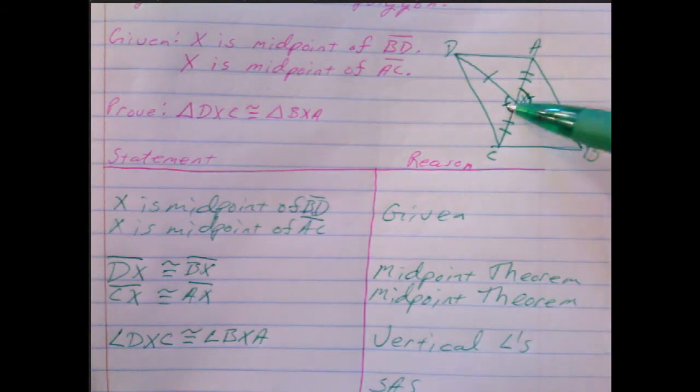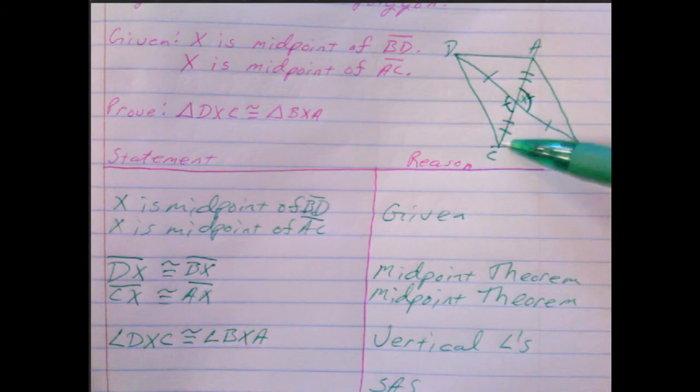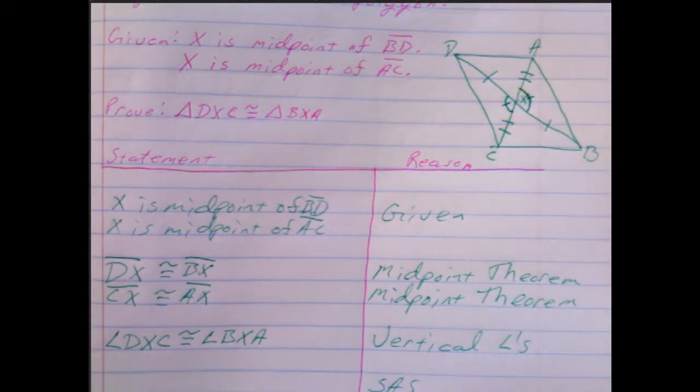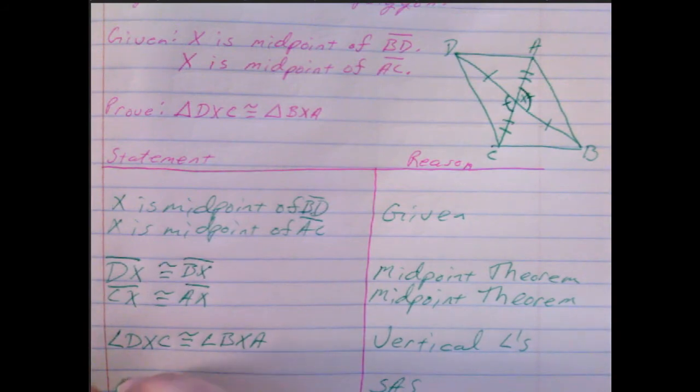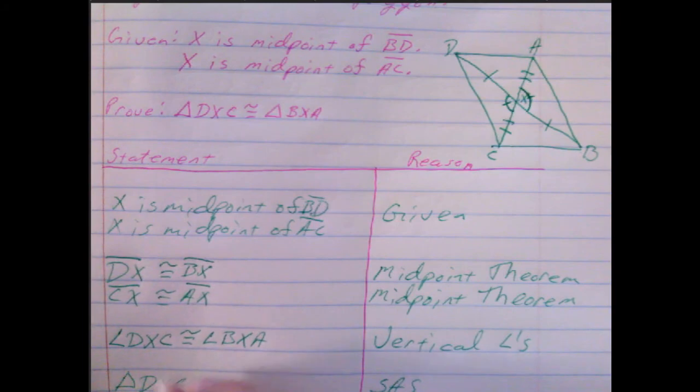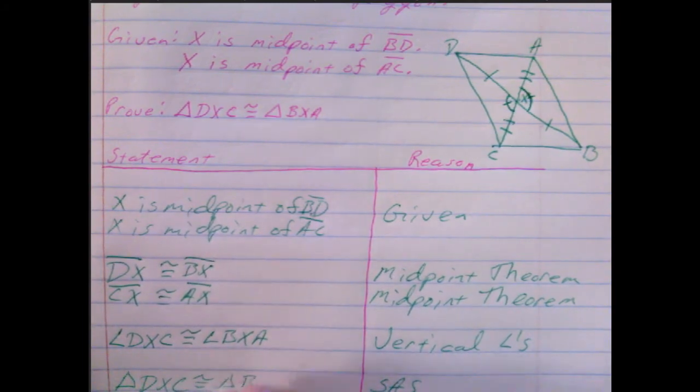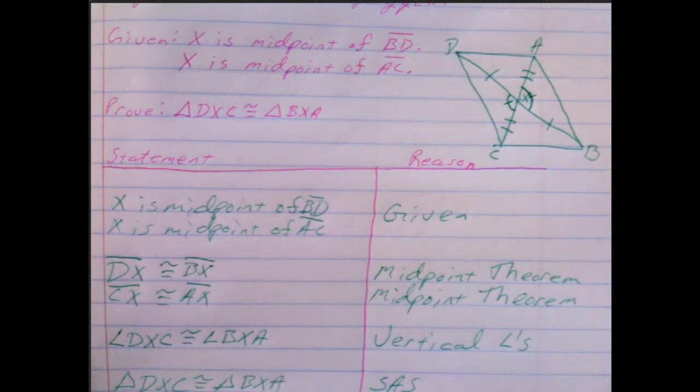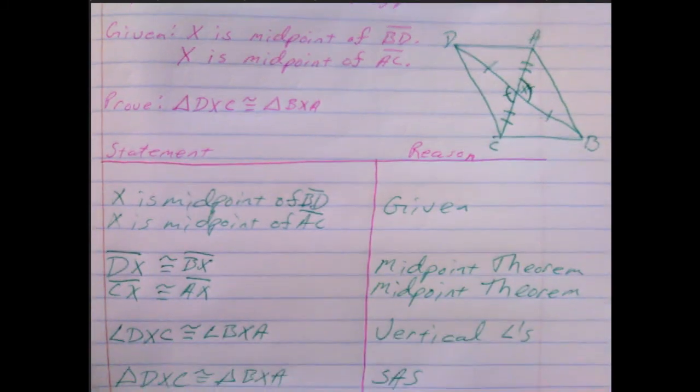We have the included angle, the angle between my two sides, and then those two sides, obviously. So then we can say triangle DXC is congruent to triangle BXA, and that was side, angle, side.